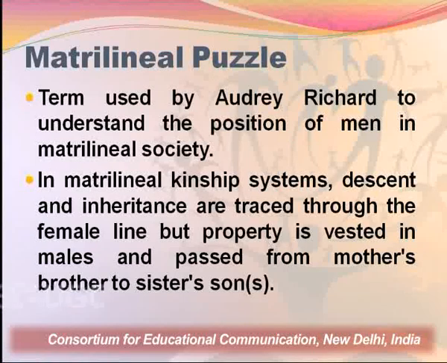So, it passes from father to son. In contrast, in a matrilineal society, the ownership or management of property does not pass from a woman to her daughter. It passes to the mother's brother or sister's son. So, that is the puzzle: it should follow the female line, but it does not.